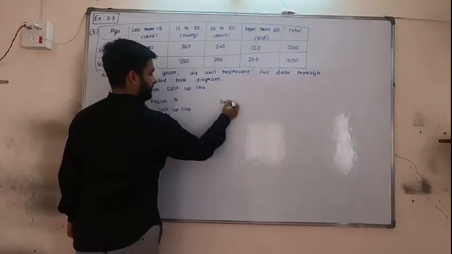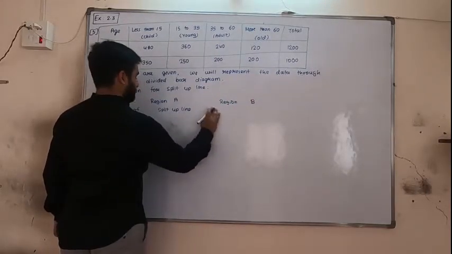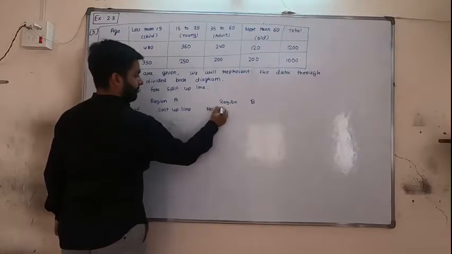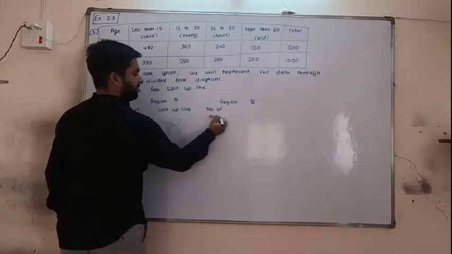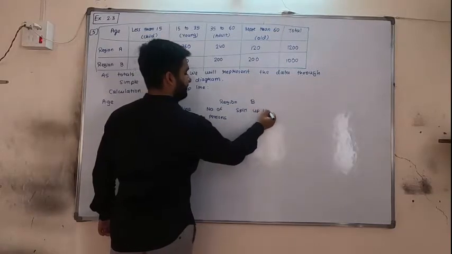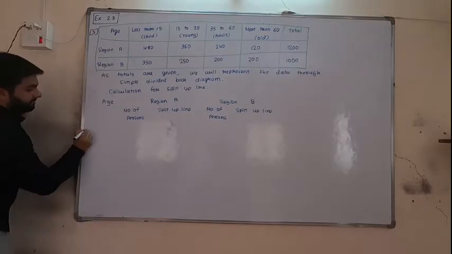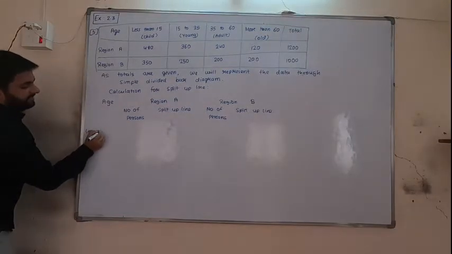Then region B, again the same thing, number of persons, split up line. Then here I will write the data.